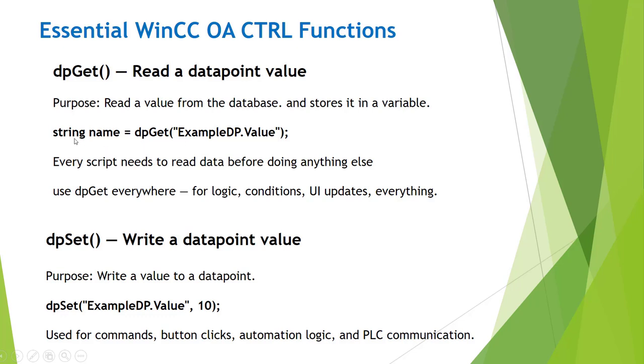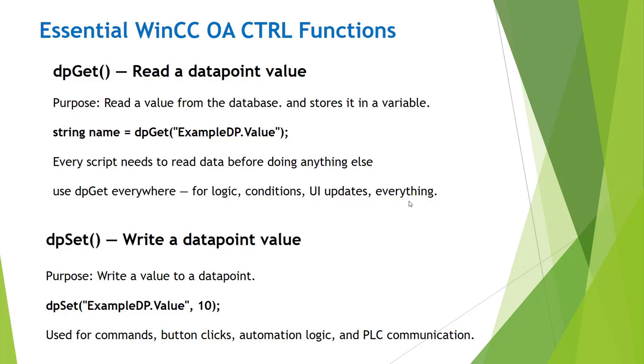Look here, string name is the value, and dpGet is called with the example dp value, this dpE, okay? Every script needs to read data first before doing anything else. Use dpGet everywhere for logic, conditions, UI updates, everything, okay?